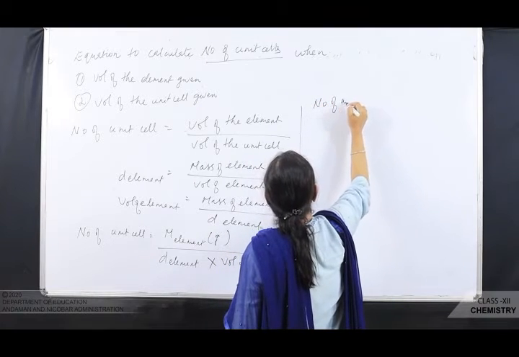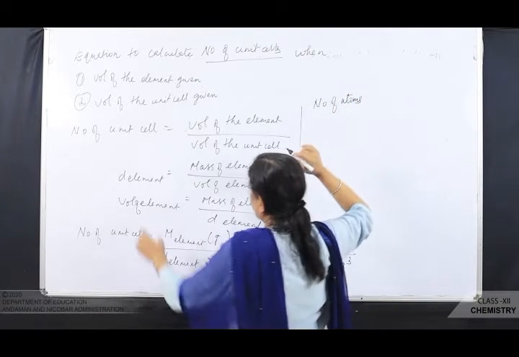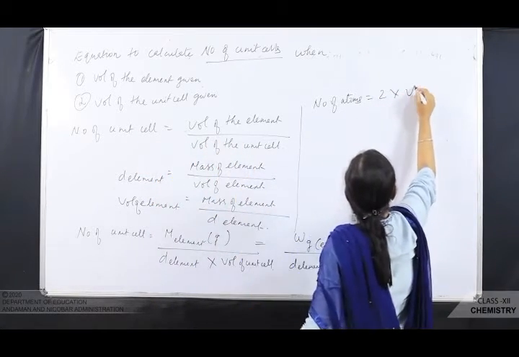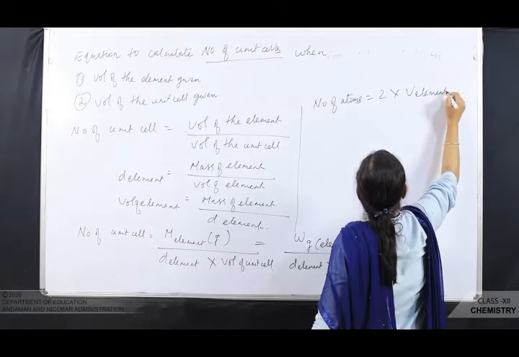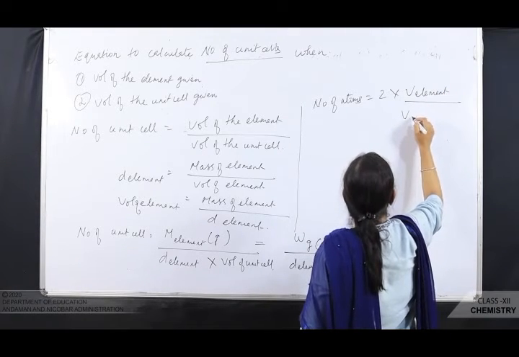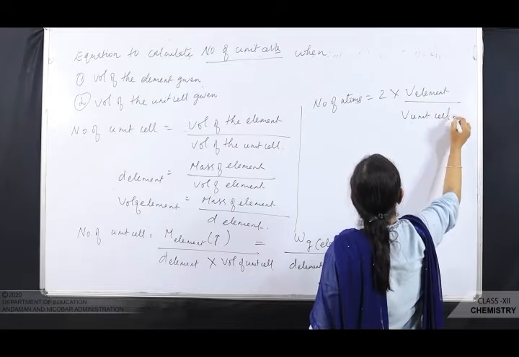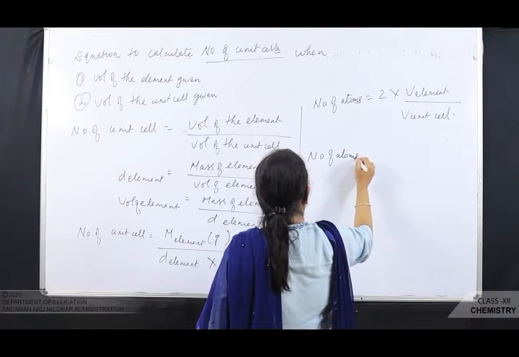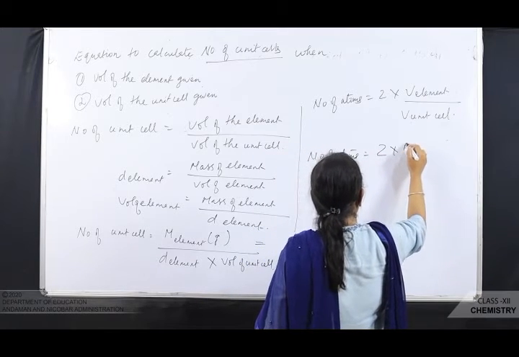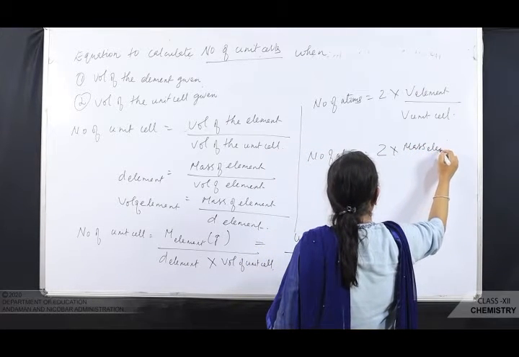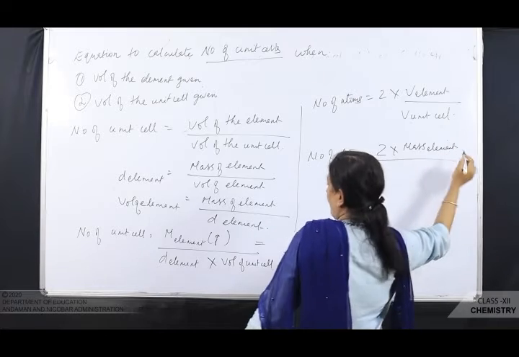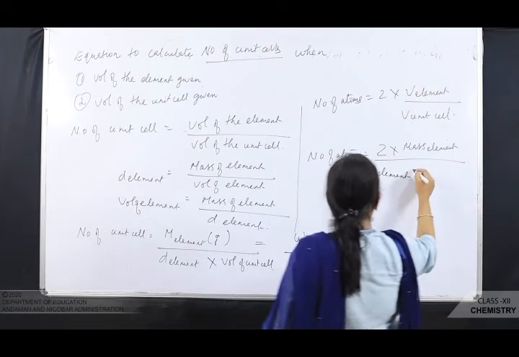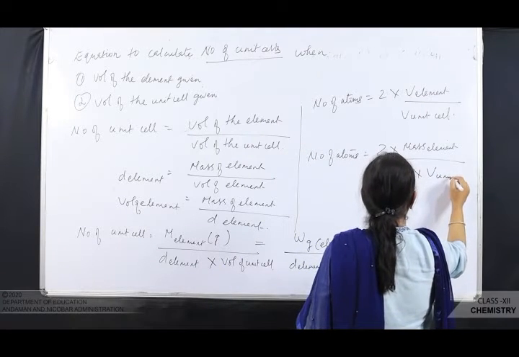Number of atoms in a unit cell is equal to what? Z into volume of element divided by volume of unit cell. So the same equation can be modified: number of atoms is equal to Z into mass of element divided by density of element into volume of unit cell.